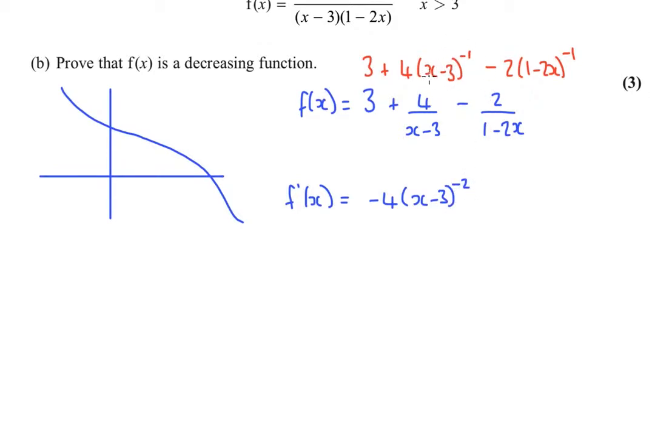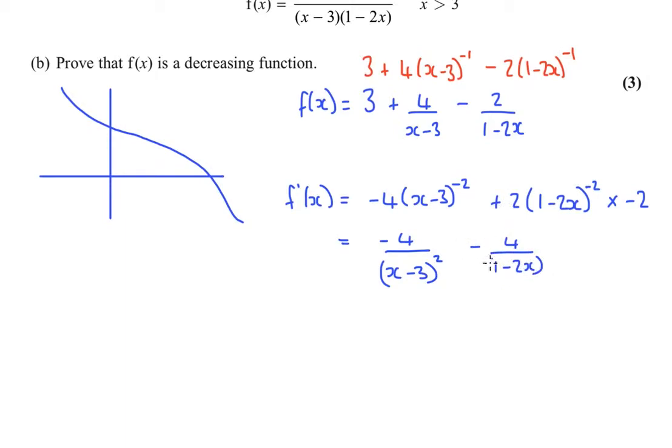We're going to times by the derivative of the bracket, but that's just 1. Same for this second term. Bring the power to the front, so that's positive 2. 1 minus 2x to the minus 2, but I need to times by the derivative of the bracket, which is negative 2. So that's going to become minus 4 over x minus 3 squared minus 4 over 1 minus 2x squared.